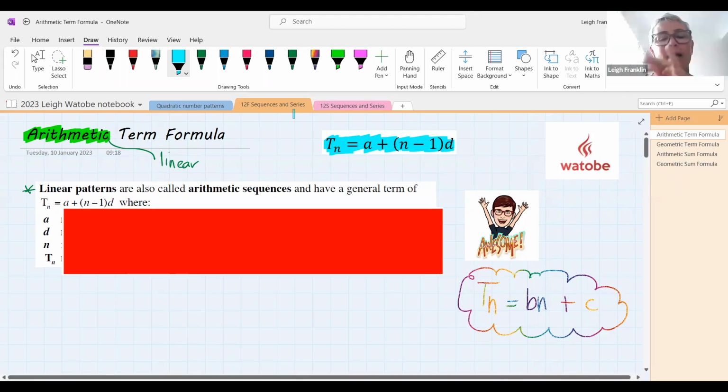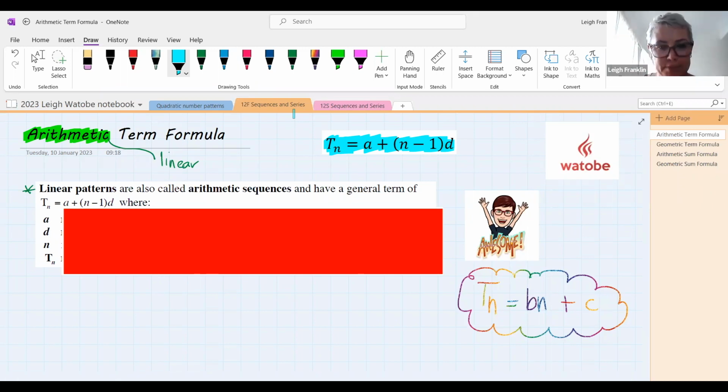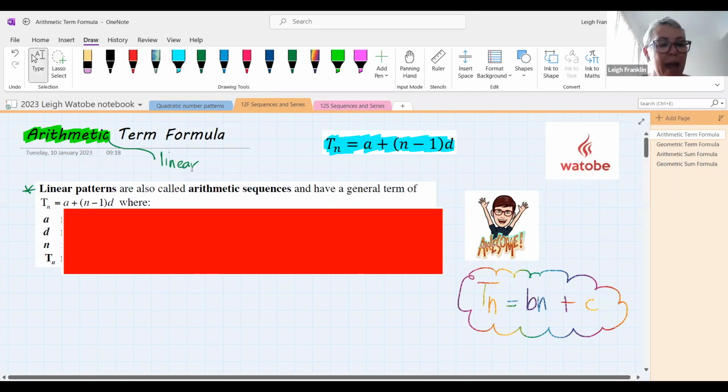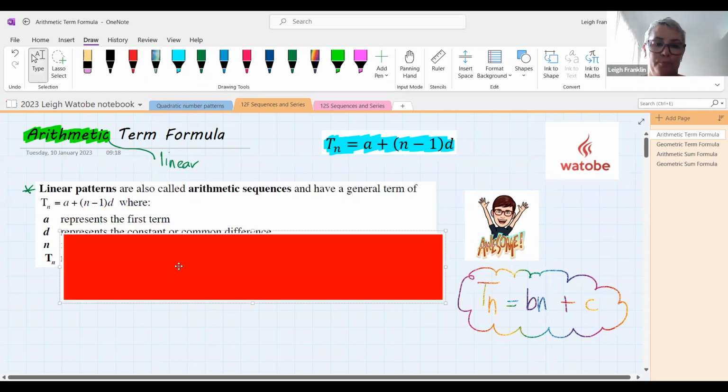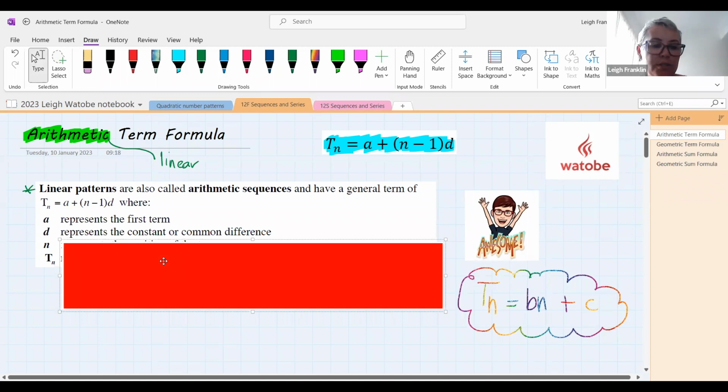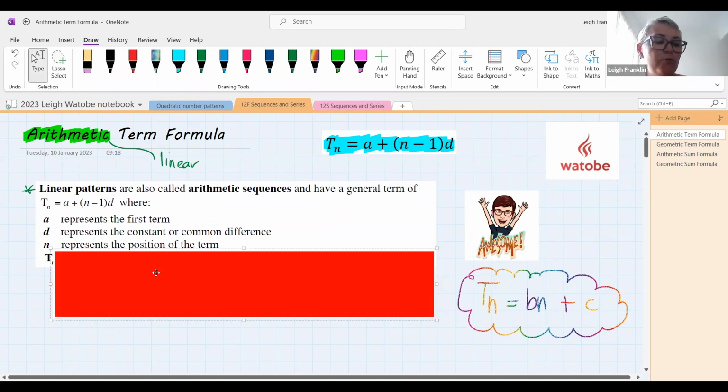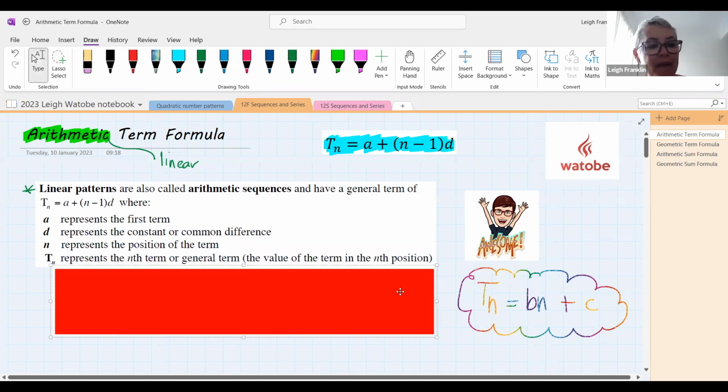Before I explain, I need to tell you what all the different letters represent. a represents our first term, the first Tn of the pattern. d represents your constant or common difference. n represents the position of the term, and Tn is the value of the term in its nth position.